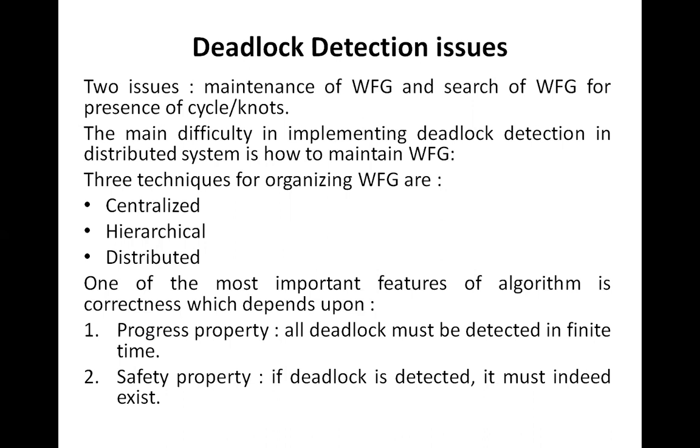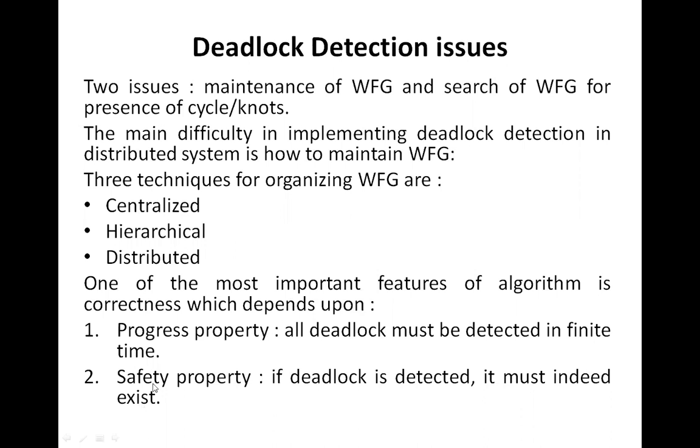So the algorithm should detect all the existing deadlocks in a finite time. Once a deadlock has occurred, the deadlock detection activity should continuously progress until the deadlock is detected. So this is the first property, that is the progress property.